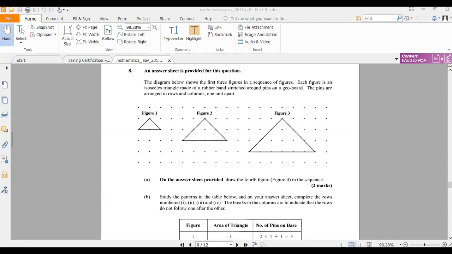Then you draw the lines for both of them: y equals half x, x equals 2, and x plus y equals 12.